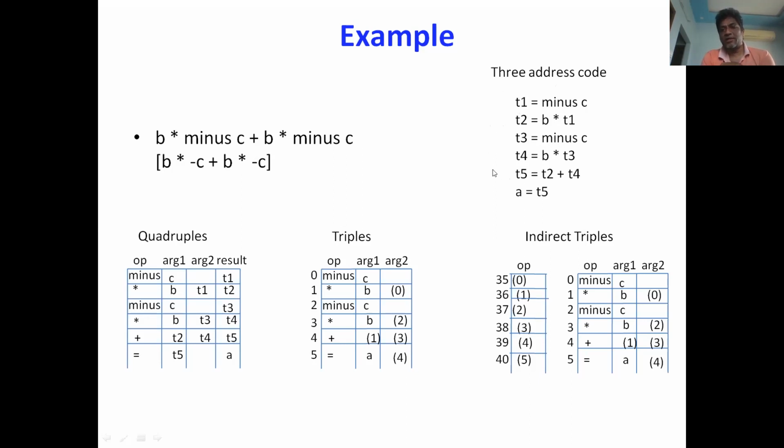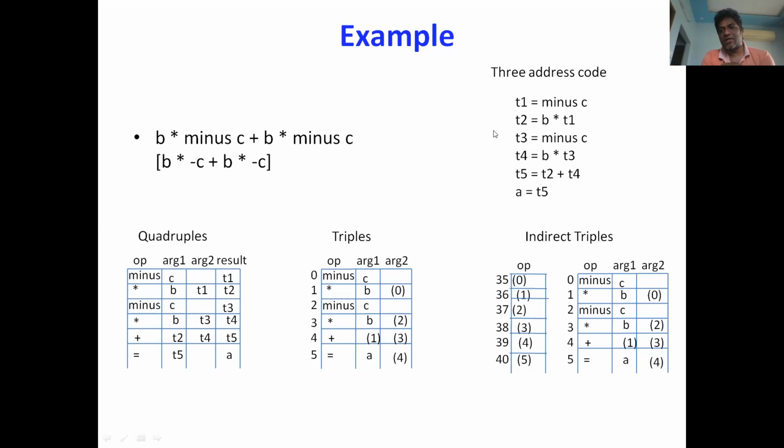So your doubt is correct. Minus c is stored into t1 as well as t3 also. So because of that random representation, this is not going to be an efficient three address code representation. So we are not talking about the optimizations here. We will discuss optimizations in the fifth unit.